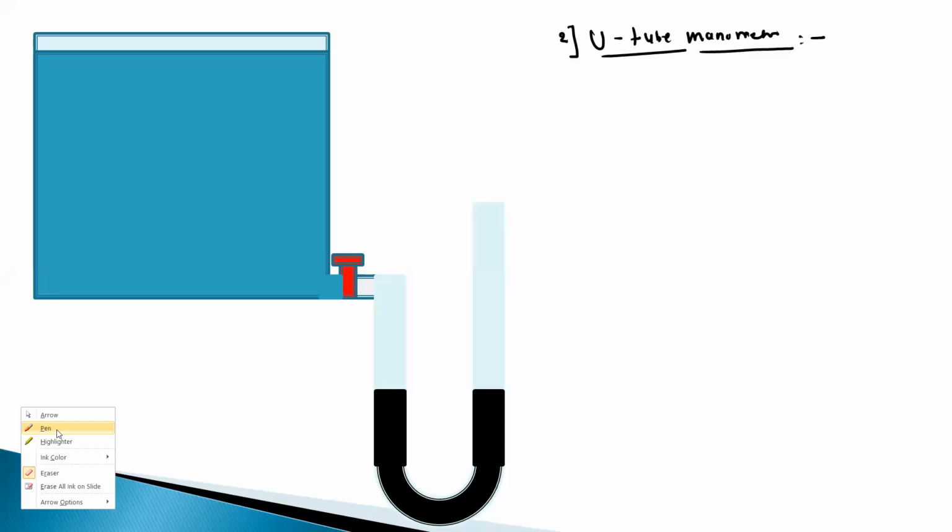The second device is the U-tube manometer. So what is a U-tube manometer?